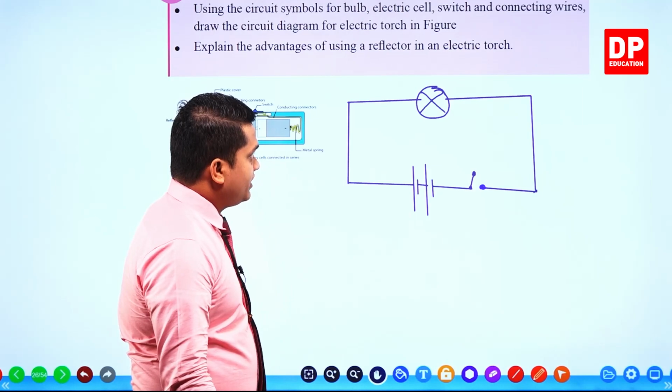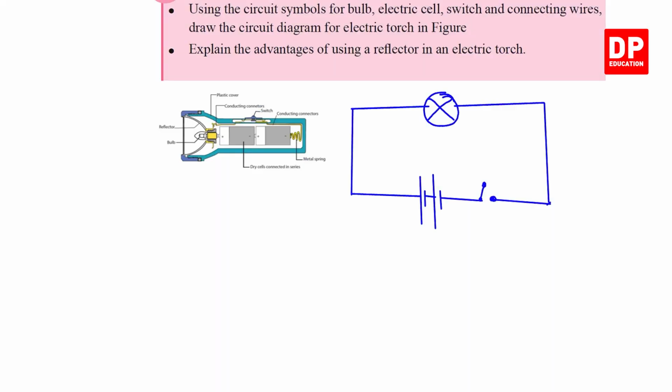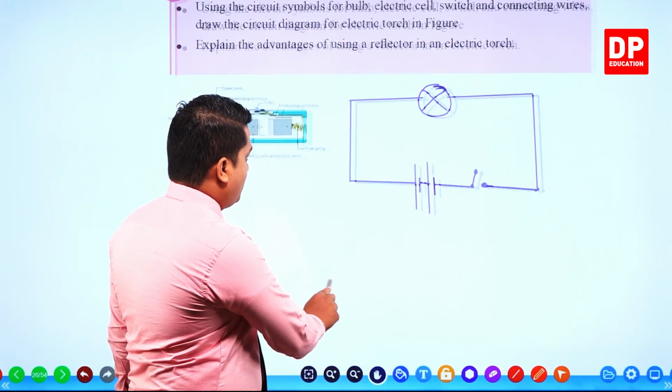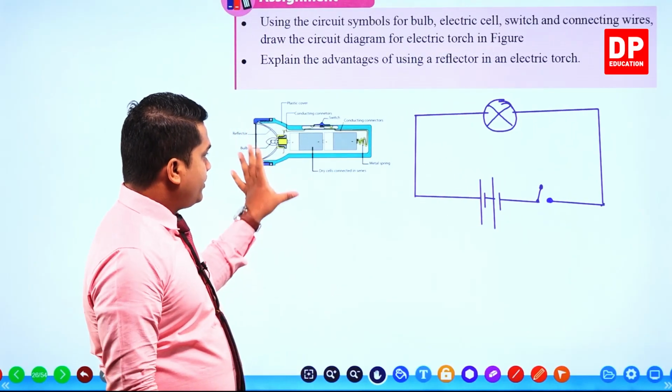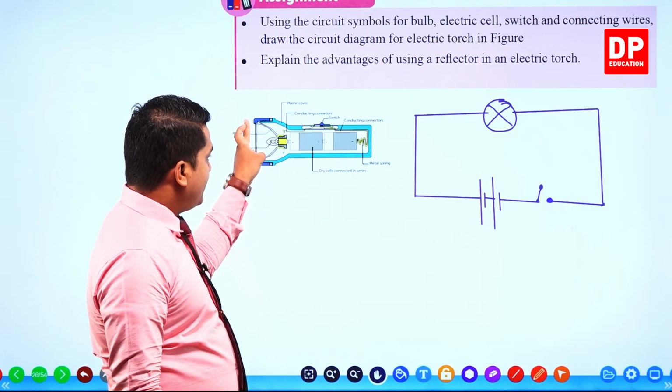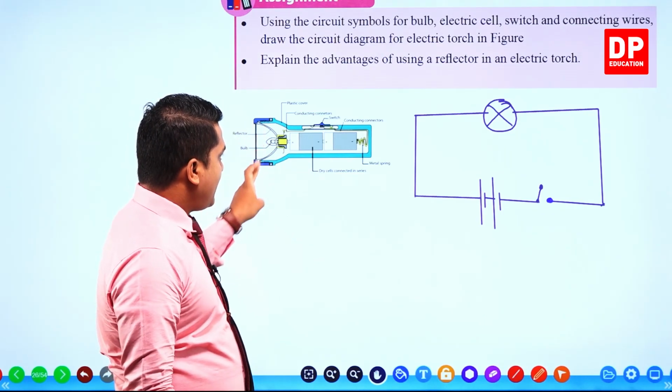Now let's move on with the second question. Explain the advantages of using a reflector in a torch. So in this figure also you can observe, when you take this one, it has a concave shape.